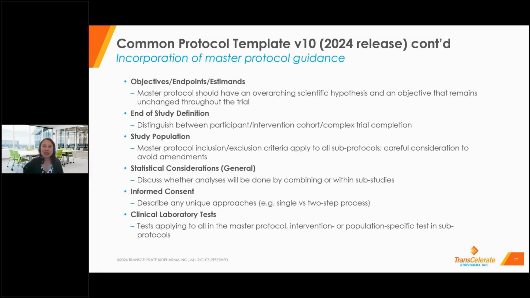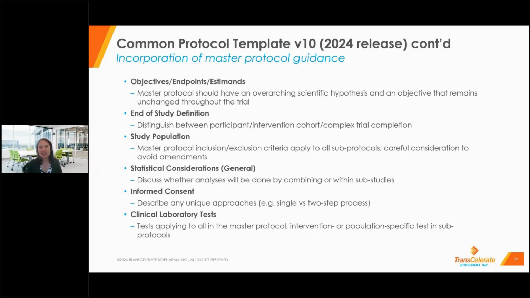Also, in the objectives, endpoints, and estimates section of the CPT, instruction is provided on having an overarching hypothesis and a consistent primary objective. There is also new guidance or recommendation about how to distinguish between trial completion for the participant, the cohort, and the trial.